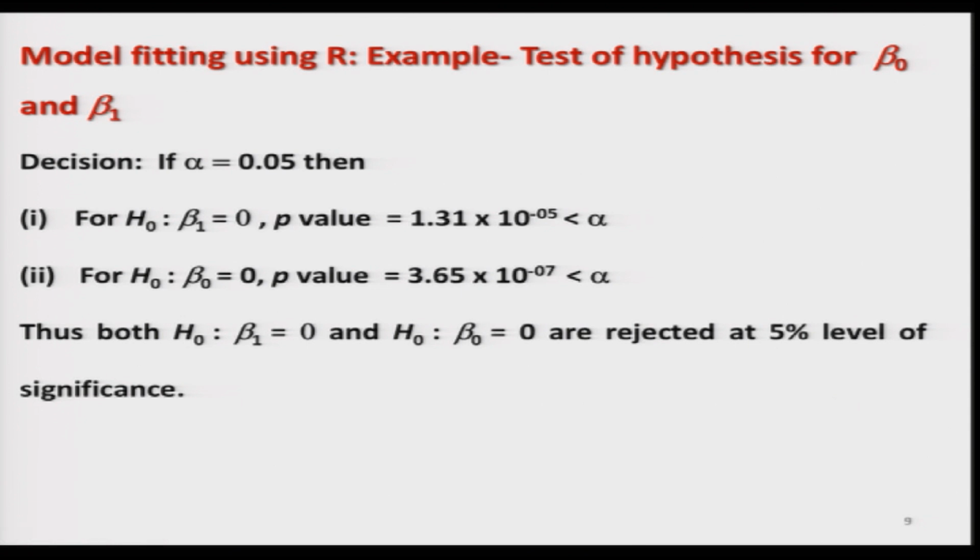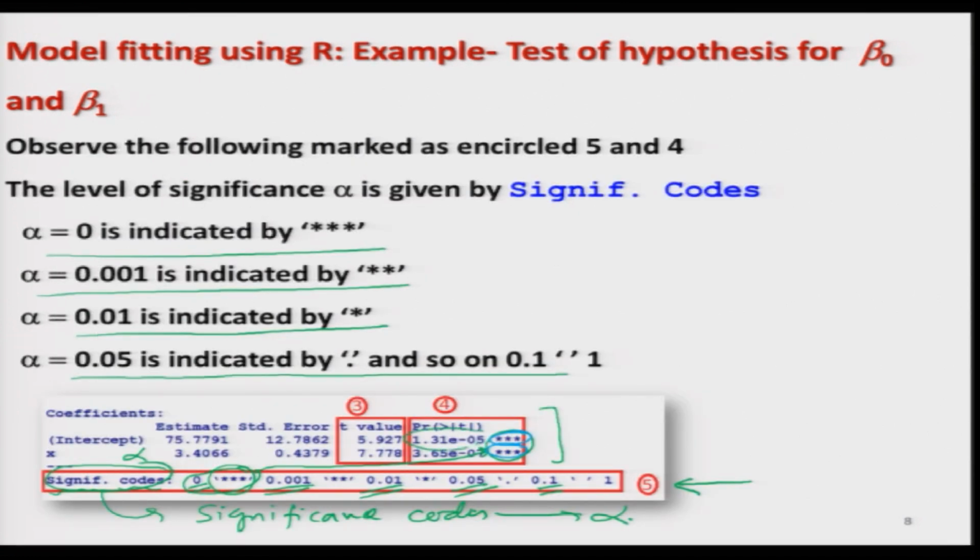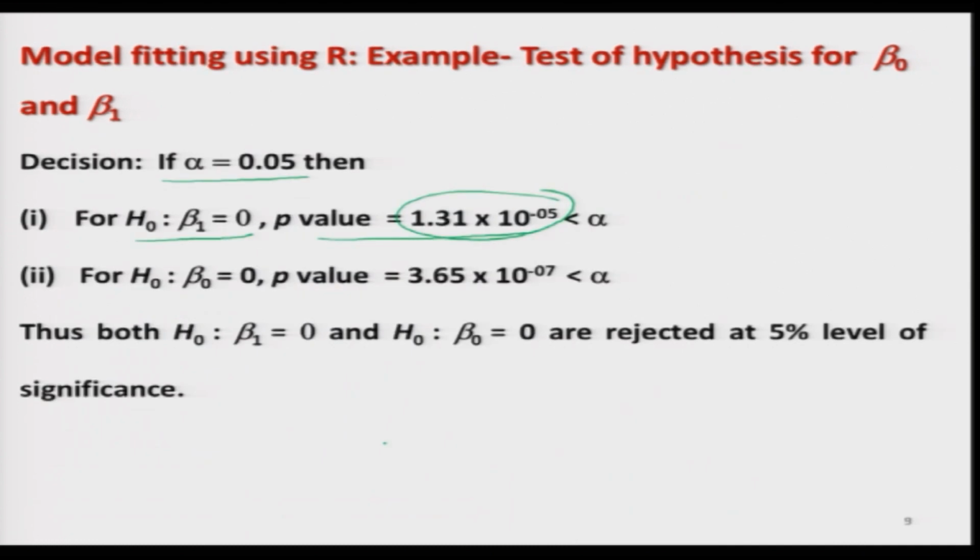So, for example, in this case I have written very clearly that if alpha is equal to 0.05, and you want to test the hypothesis H naught: beta 1 equal to 0, then the p value here is 1.31 into 10 power of minus 5, which is actually given here, and which is smaller than alpha. So, I have to take a call. The rule was: reject H naught when p value is less than alpha.